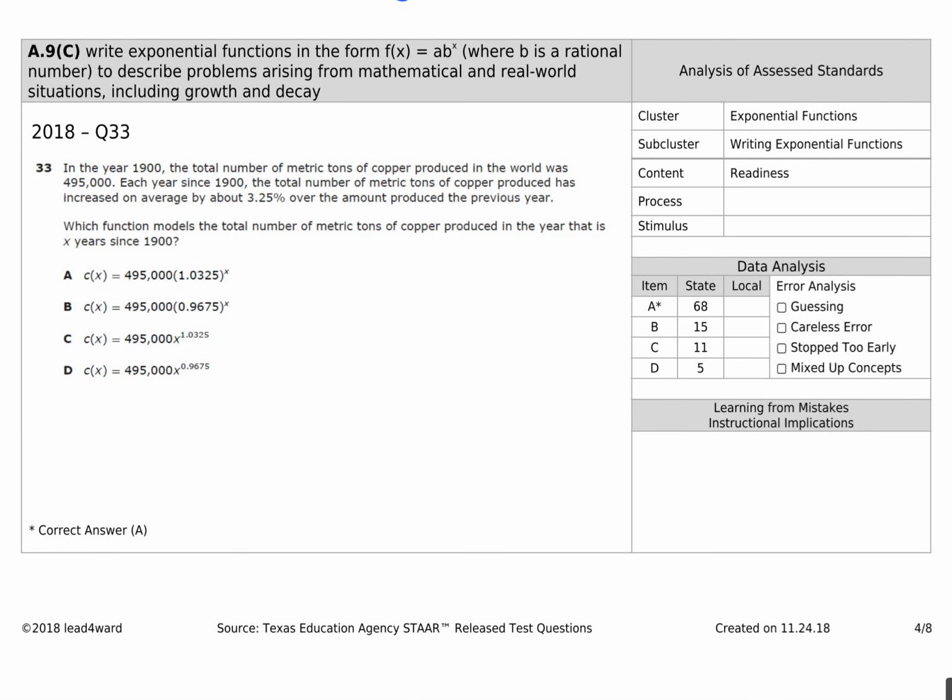In the year 1900, the total number, we see 495,000. Each year it increased, so we know we're talking about growth, by 3.25%. Now, we know for percentage problems, they are trickier than the half or double growth rates.